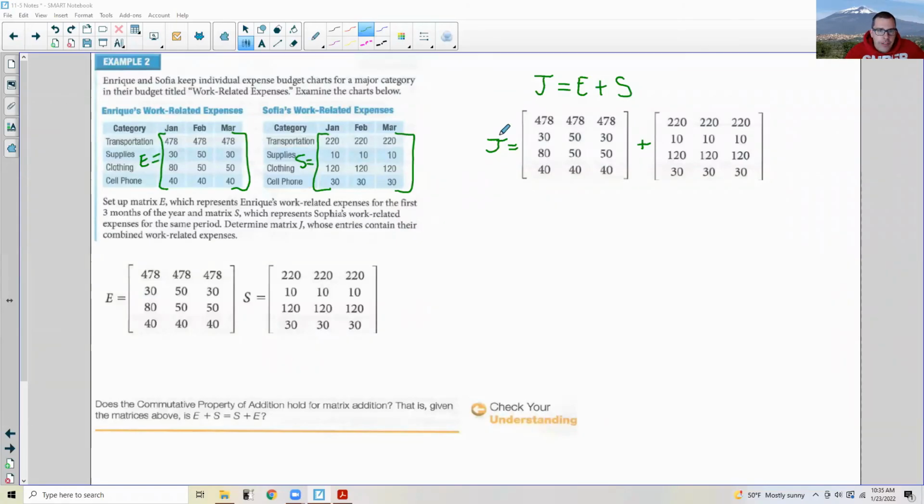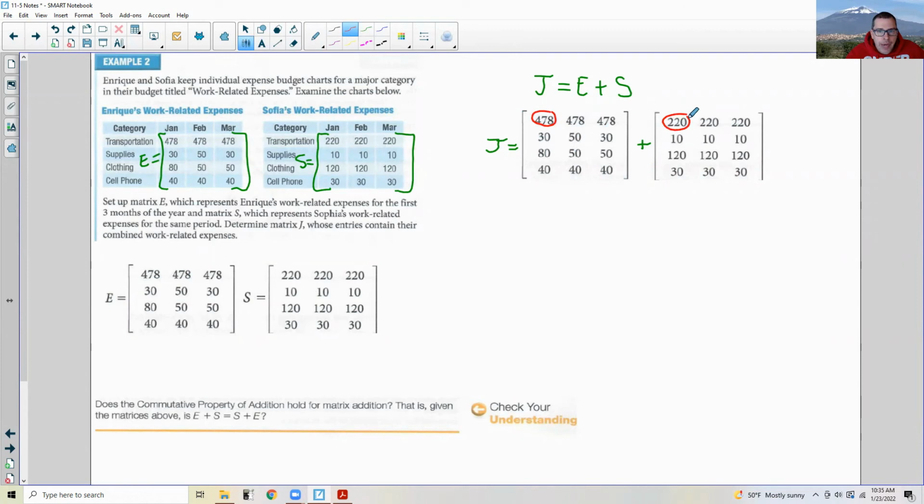Okay, so here's what it would look like. All you do is take the E matrix, which is here, plus the S matrix, which is here. Okay, and now all we have to do is look at corresponding components, so elements. So row 1, column 1 is 478. Row 1, column 1 in Sophia's is 220.